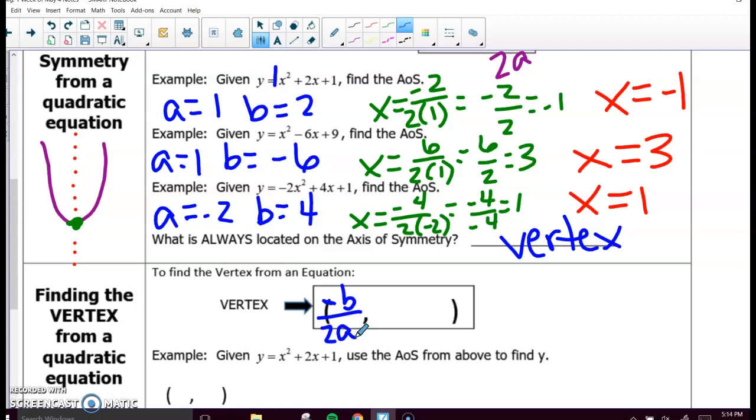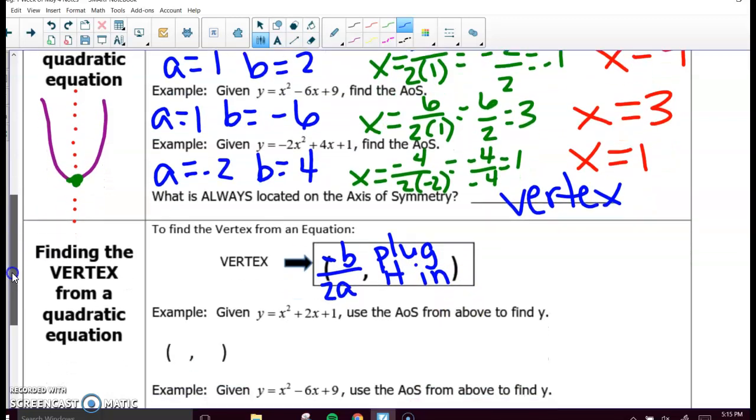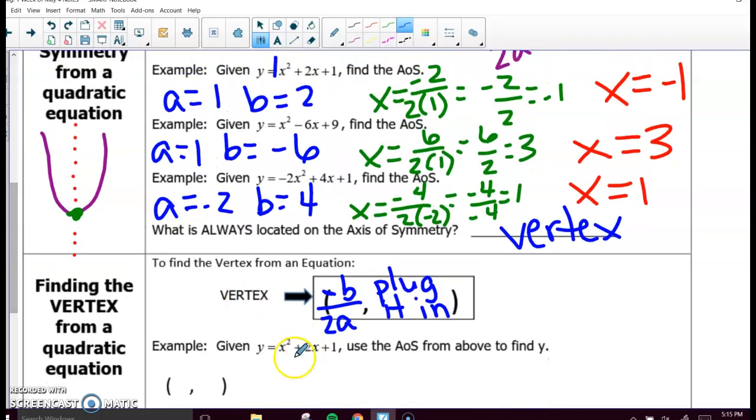So what I'm going to write here is plug it in. The first example, given y equals x squared plus 2x plus 1, use the axis of symmetry from above to find y. You'll notice this equation is the same as the first one up here.